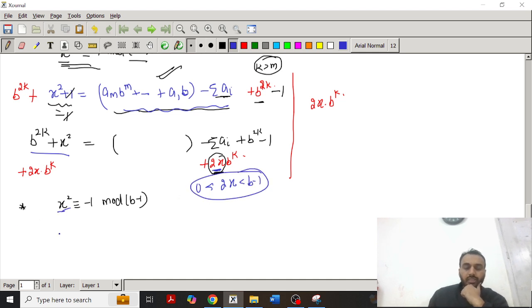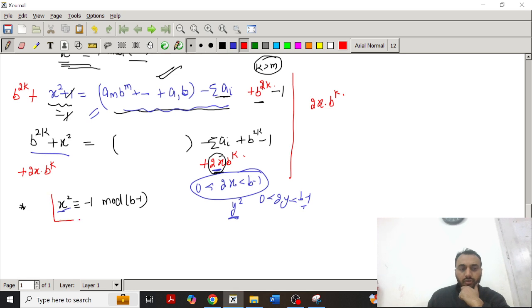From this information I want to find out a number, let's say y square. If x square is congruent to minus 1 mod b minus 1, if I am able to find a number y square for which 2y is between 0 to b minus 1, then I can again use that above method to make a square, right?